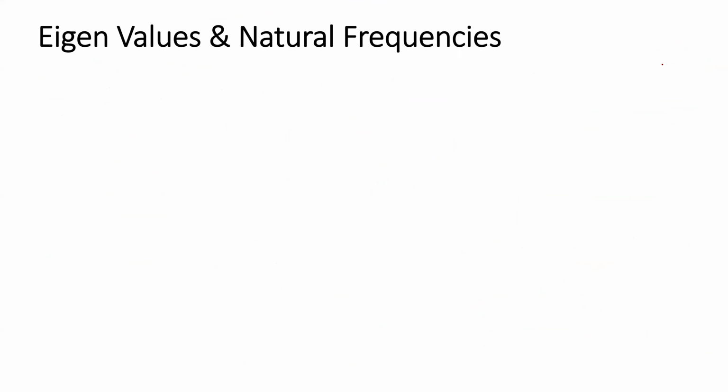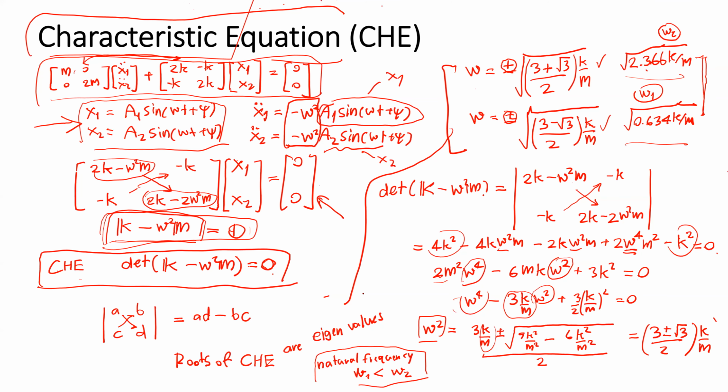So the concept of the eigenvalue and natural frequency is this one. In this slide, it is related to the characteristic equation. So what next?